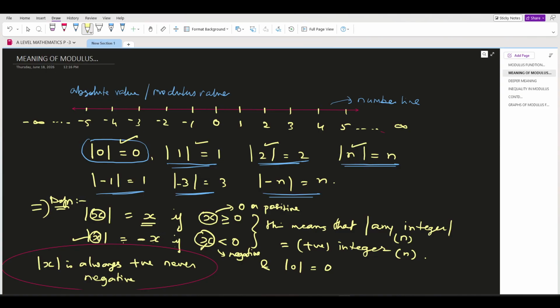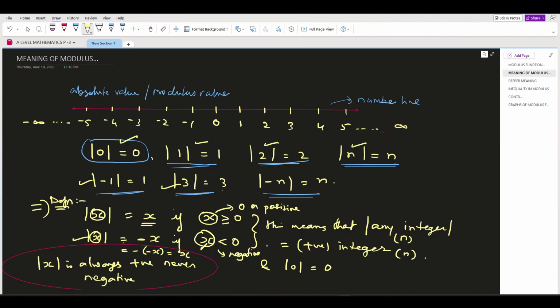Now x is already negative here, so it will be negative of negative x, which will be nothing but positive x. Got it? By the second part of the definition, the modulus of -1 will be minus of -1, which is +1, so it is positive. In the same way, modulus of -3 will be minus of -3, which is 3, and modulus of -n will be minus of -n, which is n.